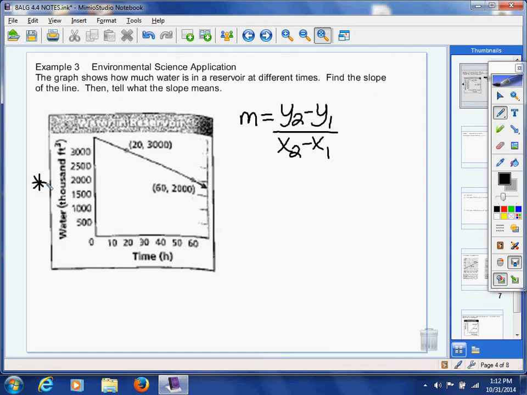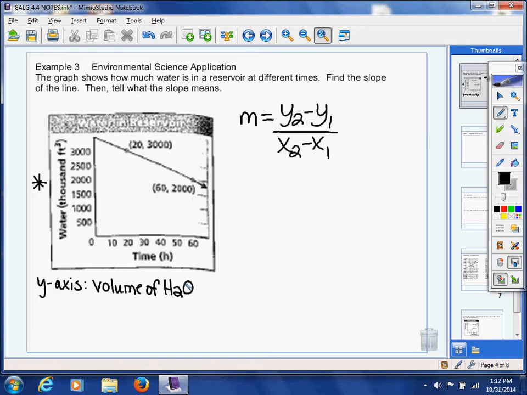Let's just talk about it. This is telling you the amount of water in thousands of cubic feet. Now remember, cubic feet is a measurement of volume. So the y-axis is measuring the volume of water, okay? The volume of water.